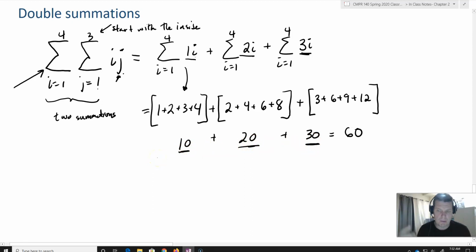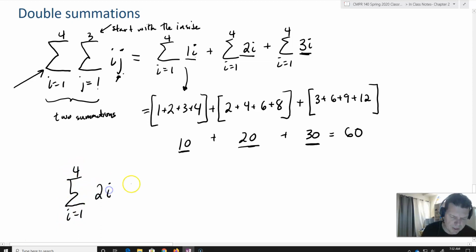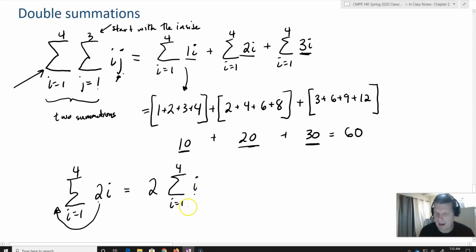So if you remember from your pre-calculus class, if I have the sum i equals 1 up to 4 of 2i, I can pull that scalar out of the summation and make it 2 times the sum i equals 1 up to 4 of i. Now I know the summation of i ends up being 10, so this is just 2 times 10. Ta-da! And that's 20. It's a cool little thing that you can do when you're working with your summations.